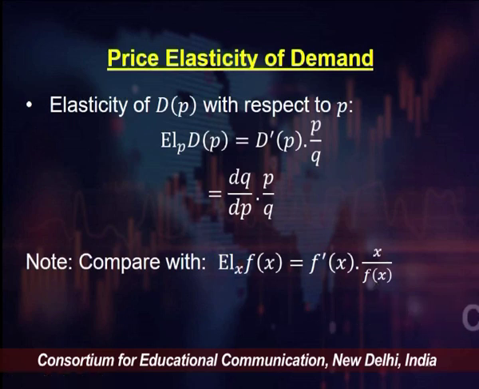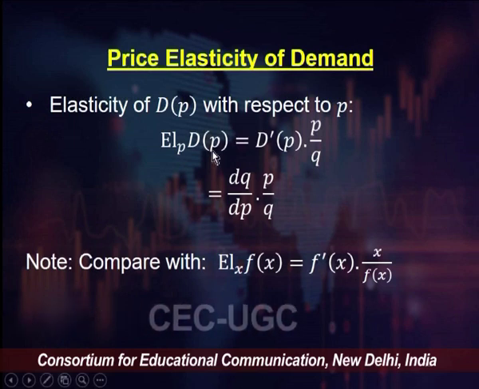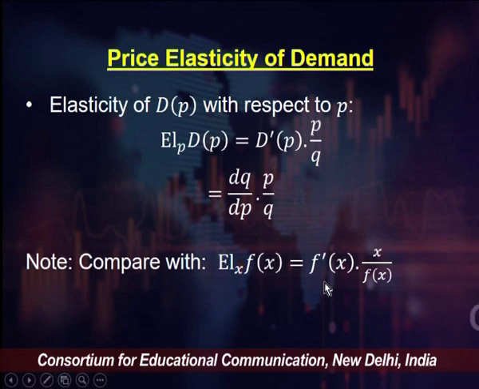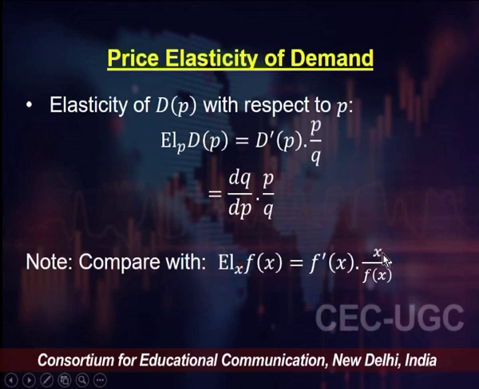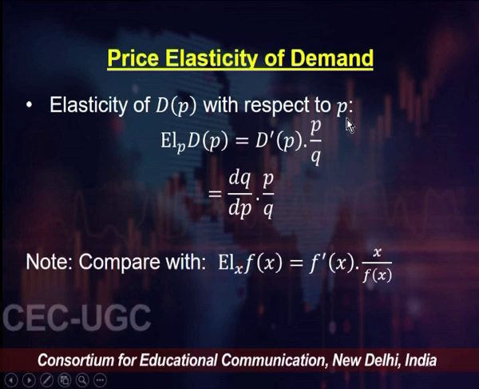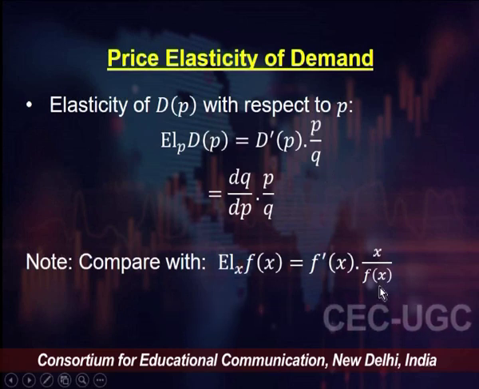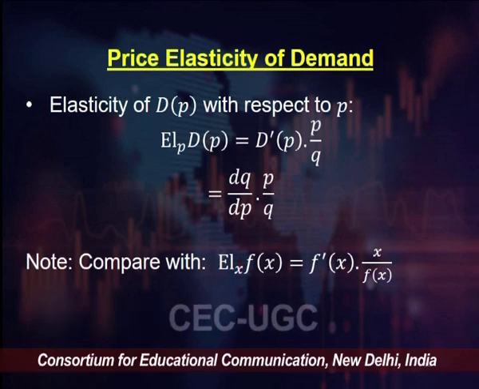And you can see here that there is a clear correspondence between the definition that we've come up with for the price elasticity of demand, that's d prime of p, which is the equivalent of our f prime of x, and that is then multiplied by p by q, where p was our independent variable. This is the variable with respect to which we are calculating the elasticity. So that is coming in the numerator, that is divided then by q. So q here is the equivalent of f of x.